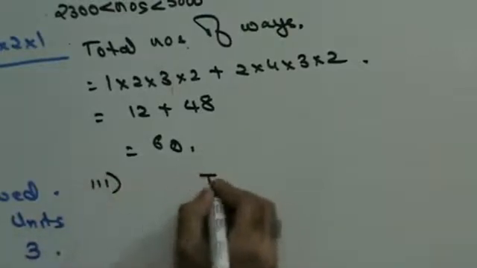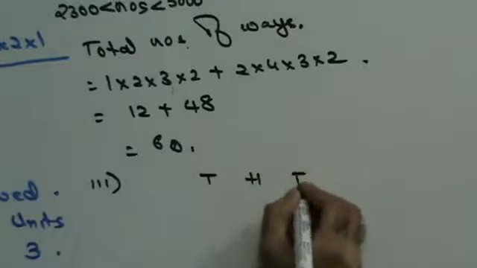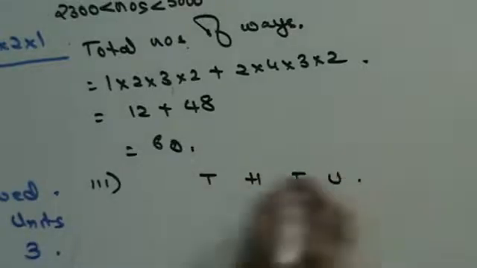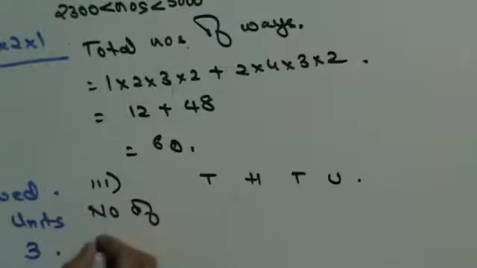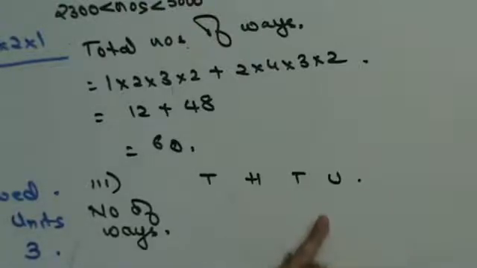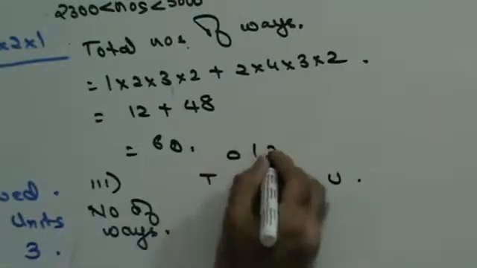Divisible by 5. Thousands place, hundreds place, tens place, units place. Number of ways. Right? Divisible by 5. When is a number divisible by 5? A number is divisible by 5 when either I have 0 or 5 in the units place. 0, 1, 2, 3, 4.